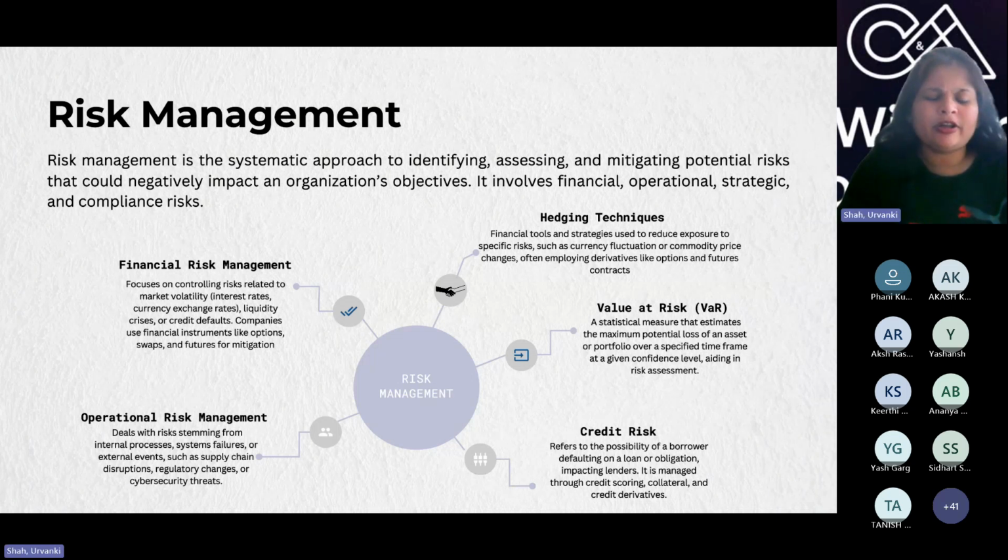So market volatility, at times certain currencies drastically fall in their price. So what happens, right? Then there are certain hedging techniques. So how do you hedge? There are lots of models like the Black-Scholes model. We call it the BSM model, to calculate the cost of capital.